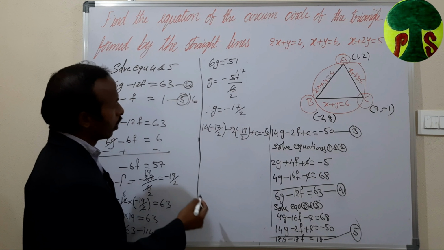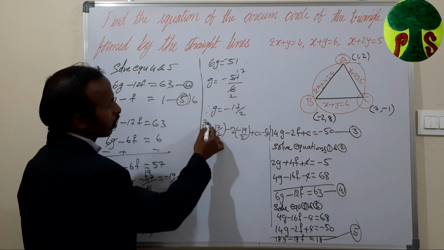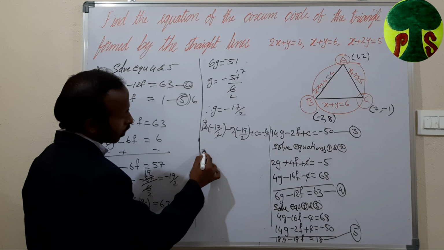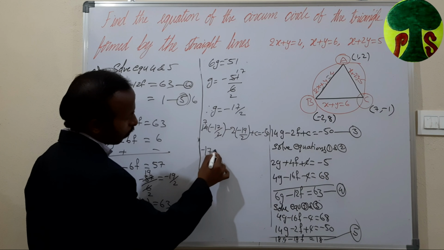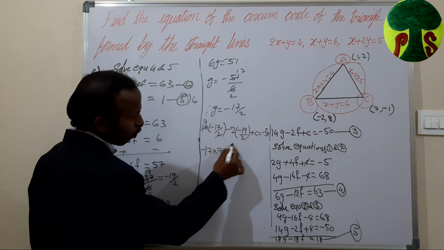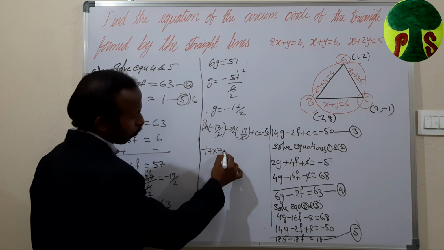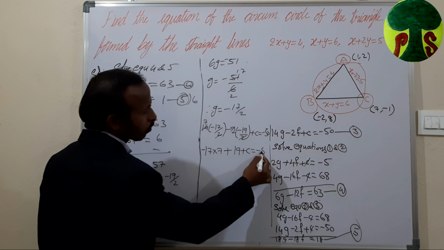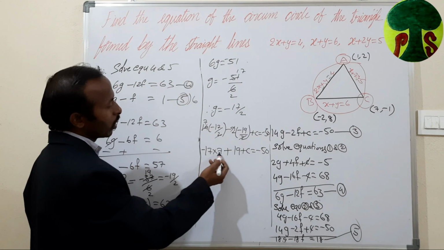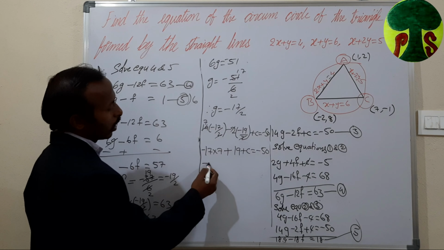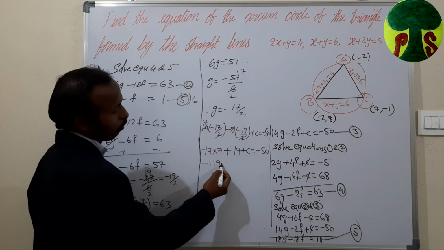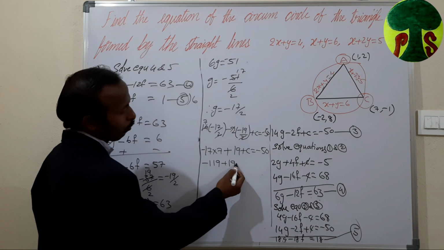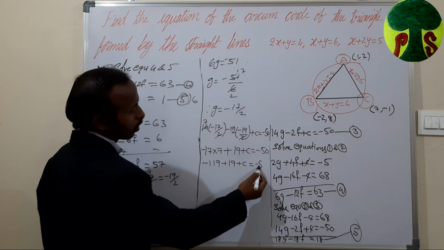Now 2 ones 2, 2 sevens 14. So minus 17 into 7, 2 twos get cancelled, minus into minus plus 19 plus c equal to minus 50. Now 17 into 7 is minus 119 plus 19 plus c equal to minus 50.